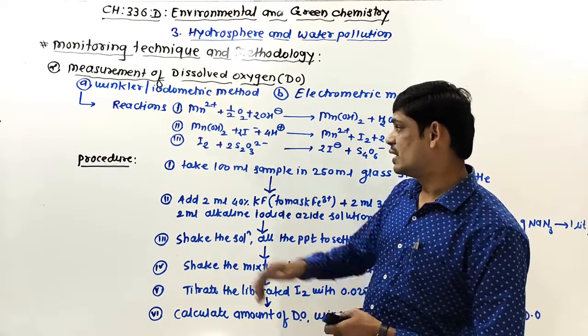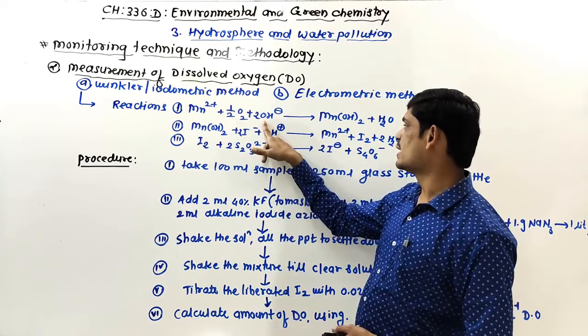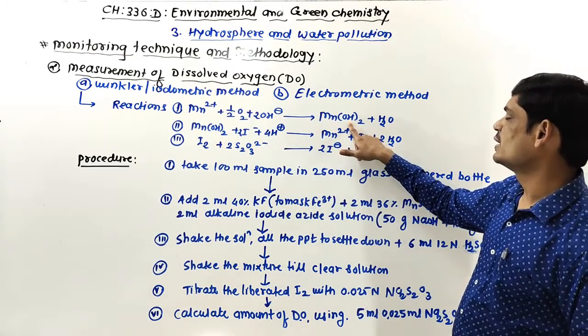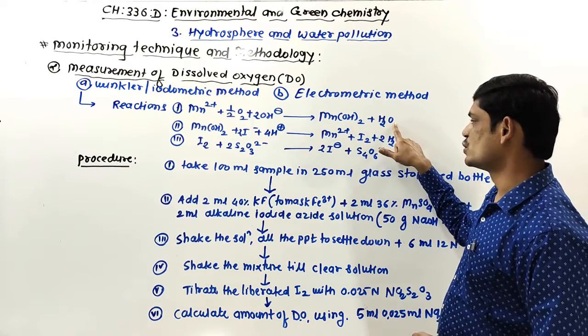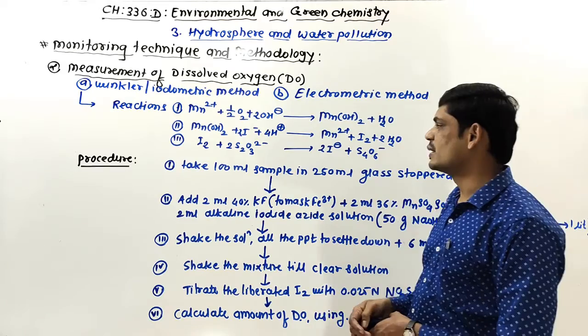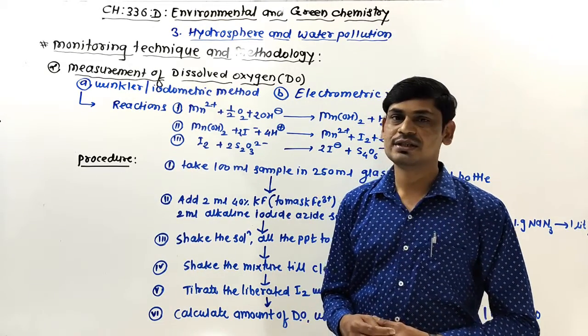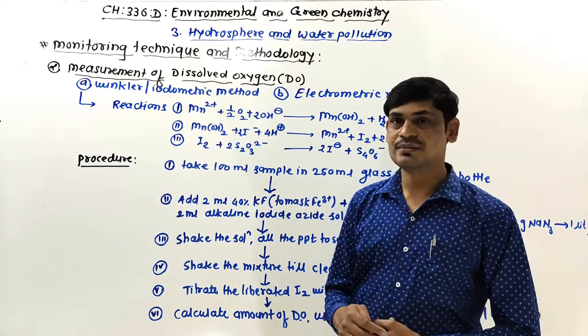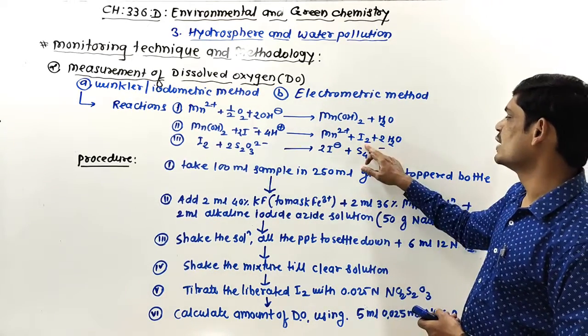It means that Mn2+ undergoes oxidation under the alkaline medium, and we will get Mn(OH)2 plus H2O. This precipitate of manganese hydroxide, when treated with iodide ion under the acidic medium, gets converted into the corresponding iodine.